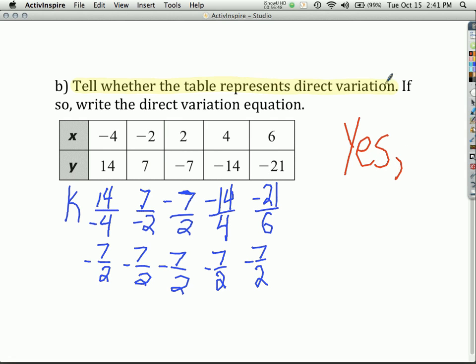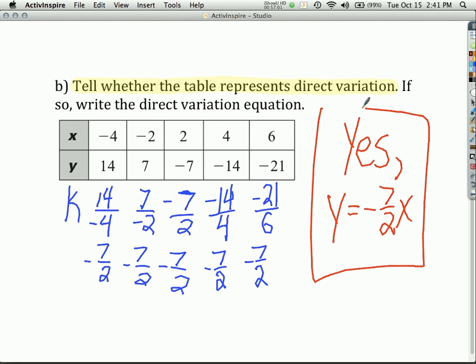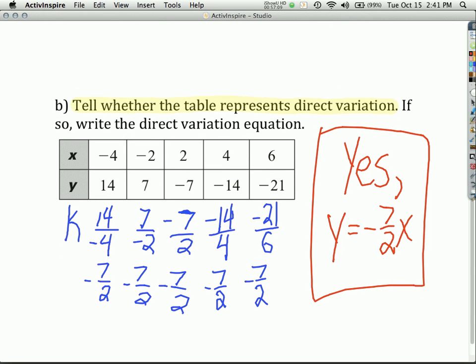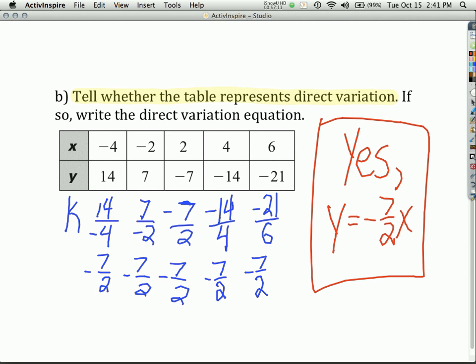And then we are asked, if it is, write the direct variation equation. Well, we already know what k is. Y equals negative 7 halves x. Comments or questions on this one?